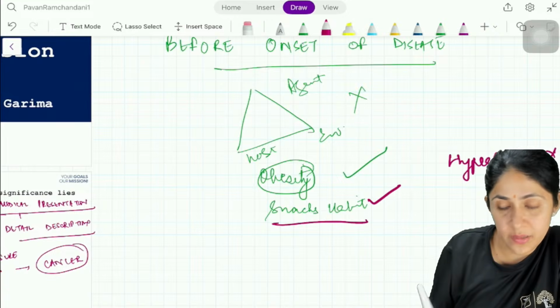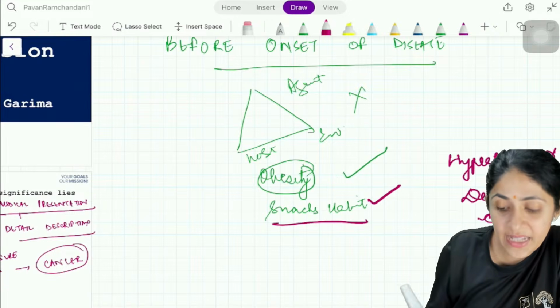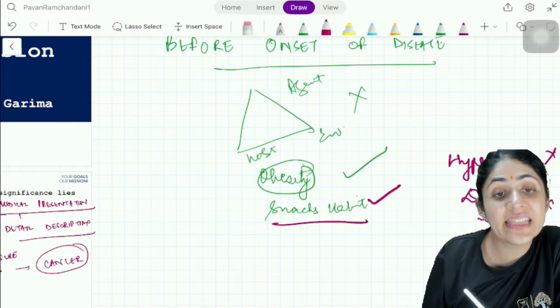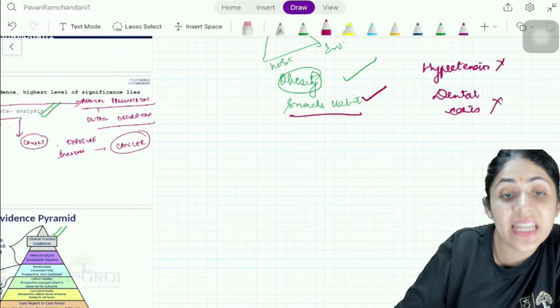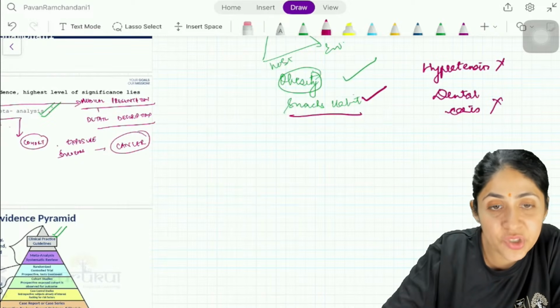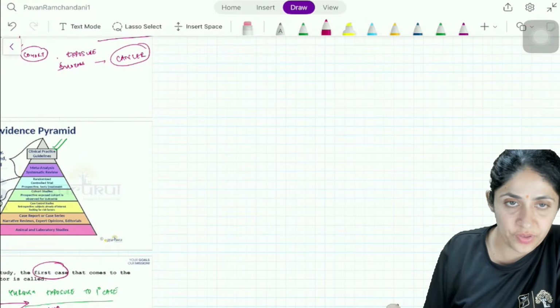Snacking is present but dental caries in this case is absent. So we will give them health education so that they do not develop the caries. We will tell them the right brushing techniques. Understood? That is primary prevention.